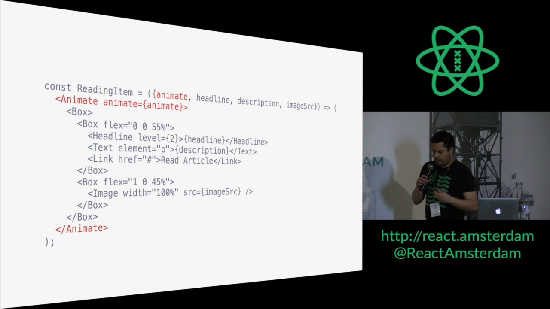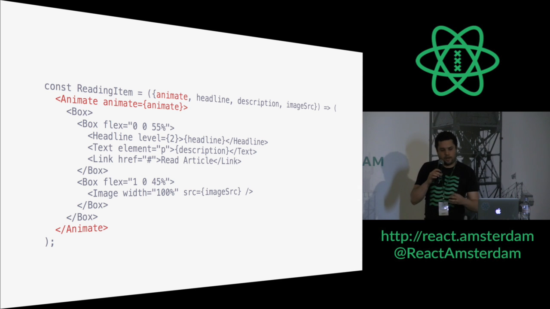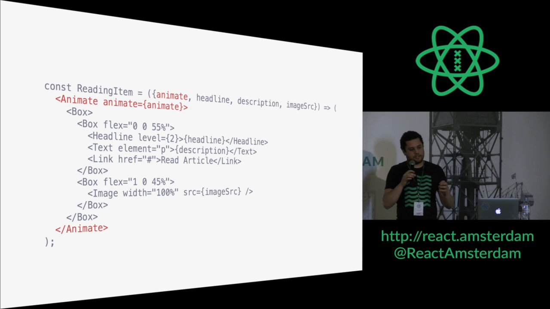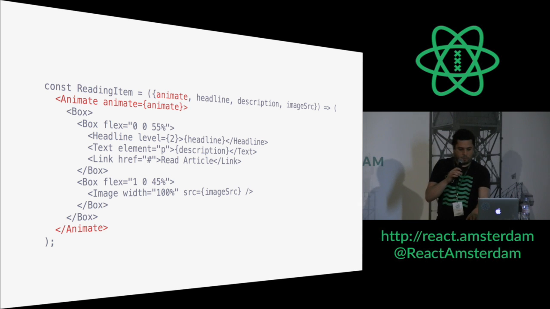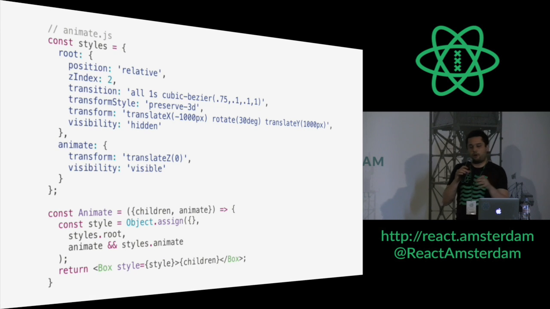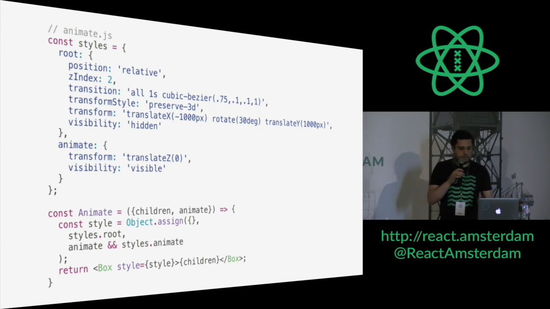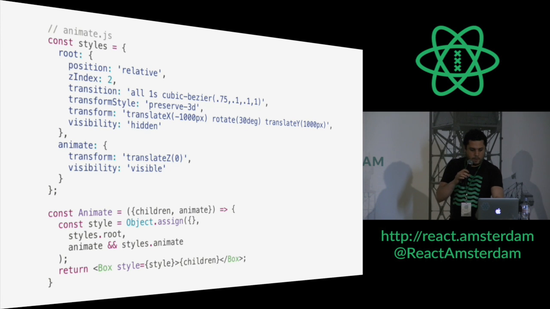The way I have been using animation with inline styles is with a component that works like a wrapper. Here is my animate component, and I'm just passing the prop animate. It's not a really good name, but it means everything's loaded, animate is true, so you can animate the component.